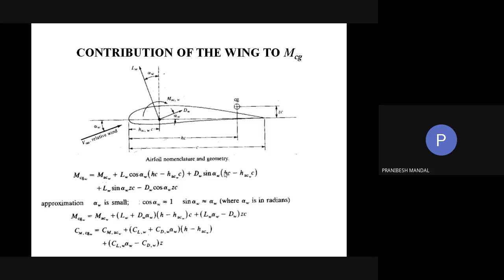And in the second case, you see this particular term CDW into alpha. CD is by default very much less than CL, and CD into alpha, when both the quantities are very small, the multiplication of two small quantities will provide you an even smaller quantity, isn't it? Yes sir. So this particular multiplication factor is very much less than this CLW.